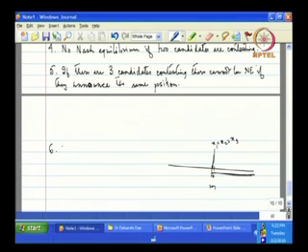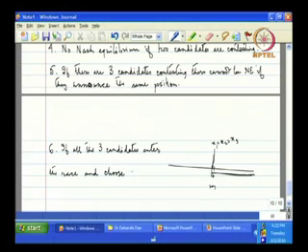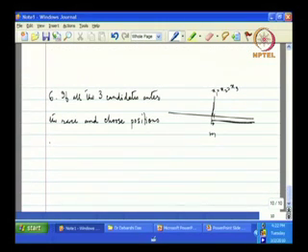That if all three candidates enter the race and choose positions not same as M. So, it means that not same.